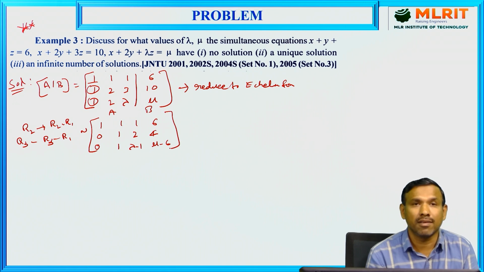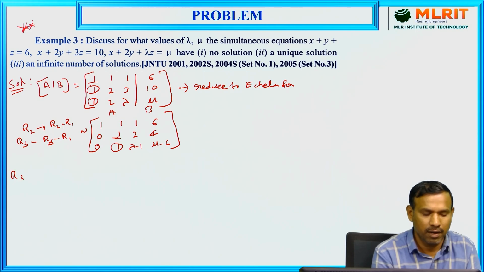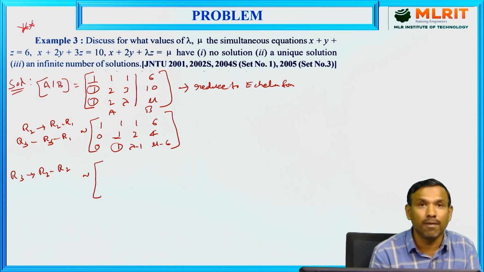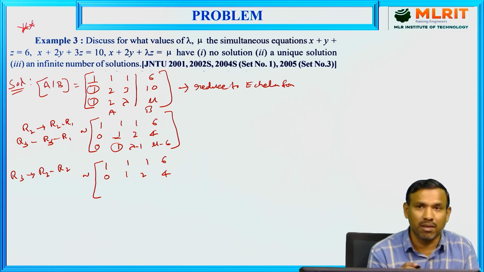But it is not in echelon form. Using the second row, make the element below 0. That is R3 implies R3 minus R2. The first row is 1, 1, 1, 6. The second row also has no change, 0, 1, 2, because which row we are using should not be changed. That is a basic rule.